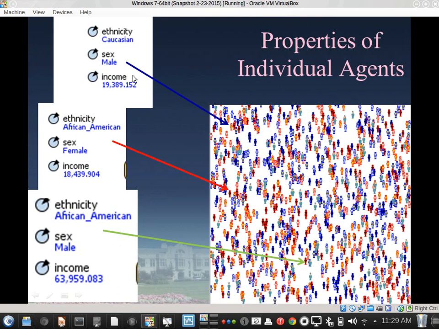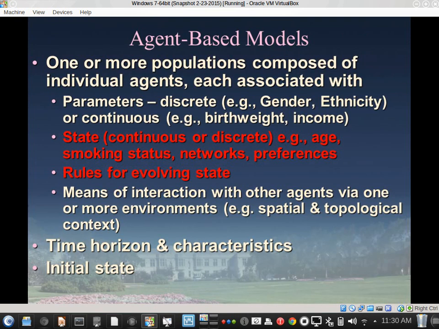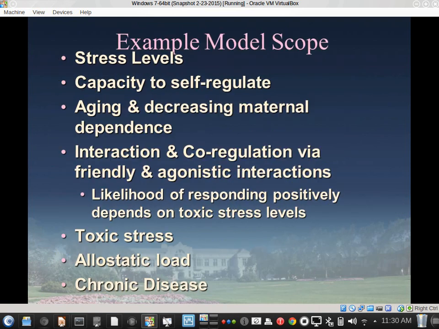This one, say, is an African American who's male and has an income of just short of $64,000. Whereas another one up here might be a Caucasian male with a lower income. So we'll have this population of agents, and each of them will be associated with certain characteristics. They'll also be associated with certain states.